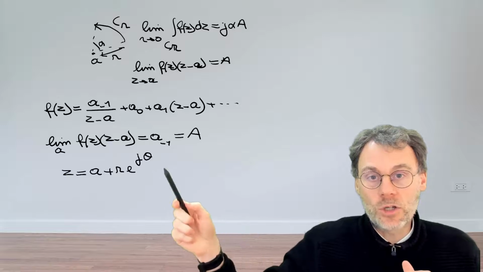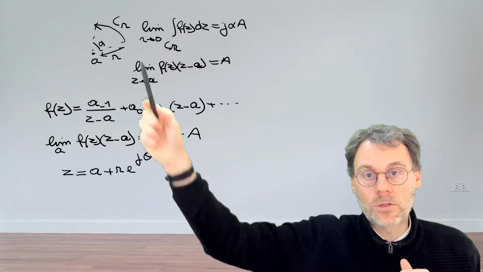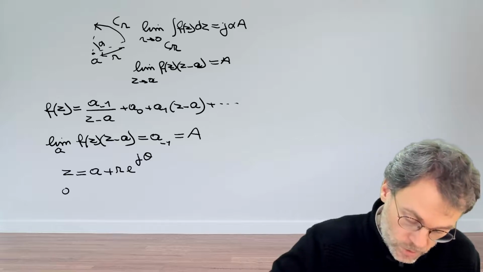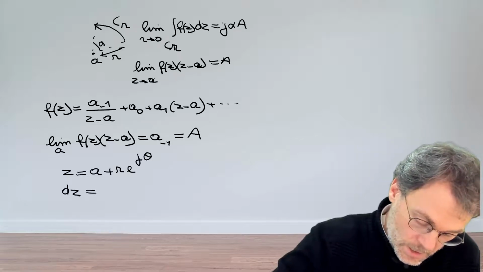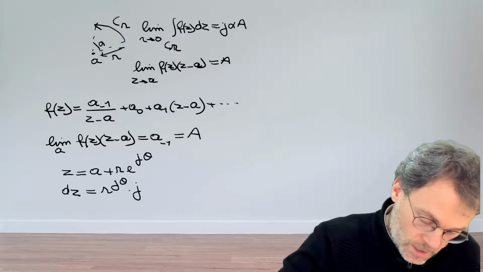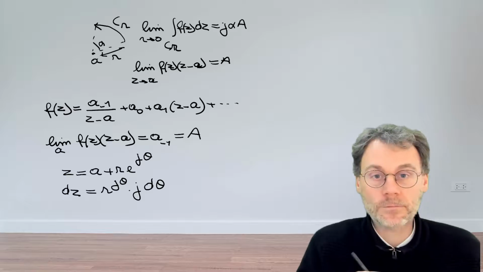So this is the parameterization of running around on that little circular segment here. At some point, we will also need to calculate dz. That becomes r exponential j theta, times j d theta.